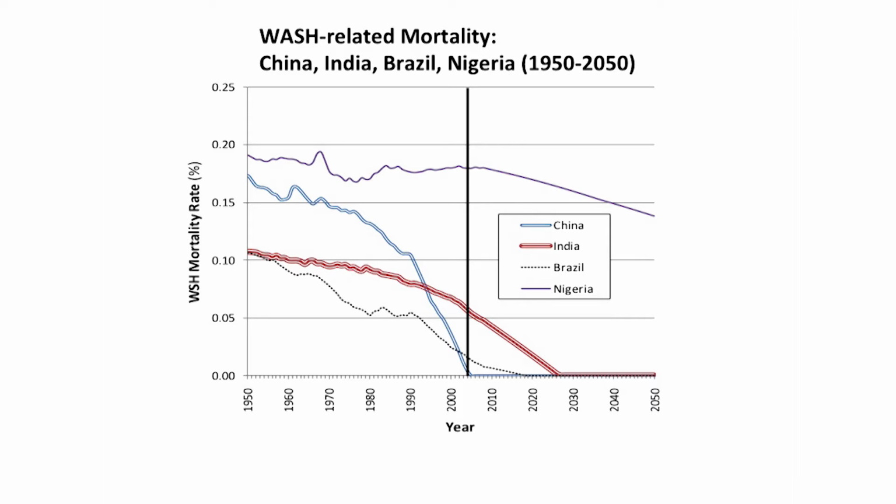WASH mortality rates in India are above China and Brazil, but they're trending down, and we expect from our forecast that they will become very low over the next couple decades. Nigeria, on the other hand, the mortality rates are much higher. They are trending down over the next few decades, but they still remain, in our forecast, at quite high levels.